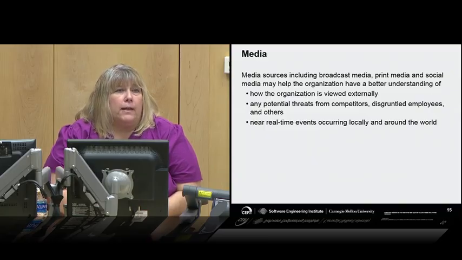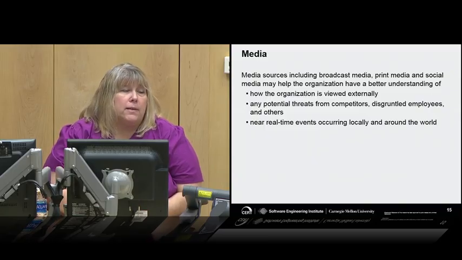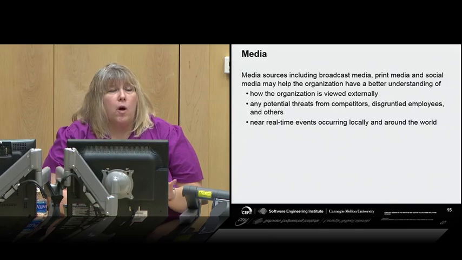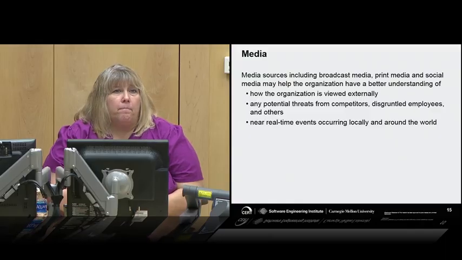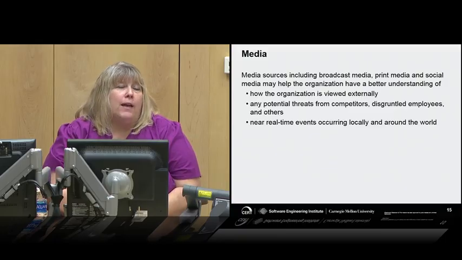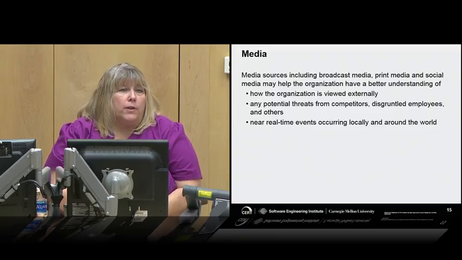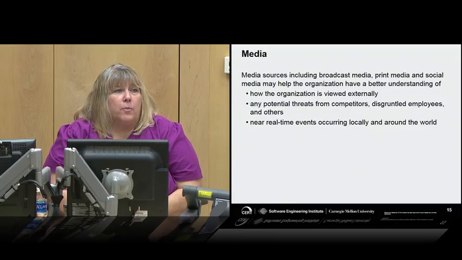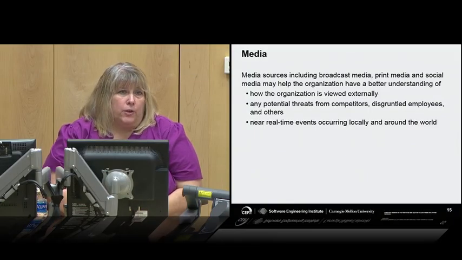So often in a security operations center, you may see that there's one or two monitors that are set for some news channels or news feeds to keep up with any breaking information. This can tie into many different areas, even if it's another part of the world that doesn't affect you, even if the threats that are being talked about aren't relevant to you, you may still have to deal with them.